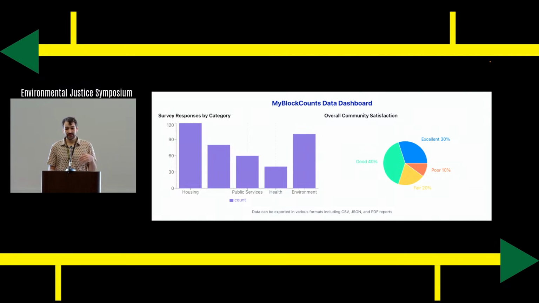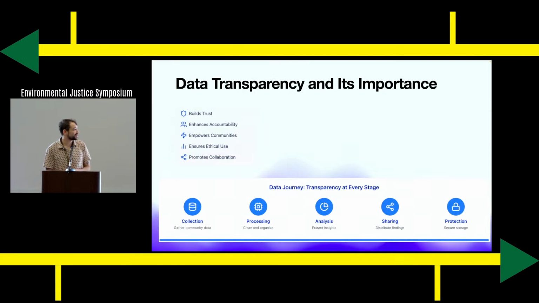So all of the data that is available and visualized on the dashboard is also going to be available to export, and it's going to be identified by the block ID so that you can map it and you can play with it as you will and try to create new conclusions out of that data set.